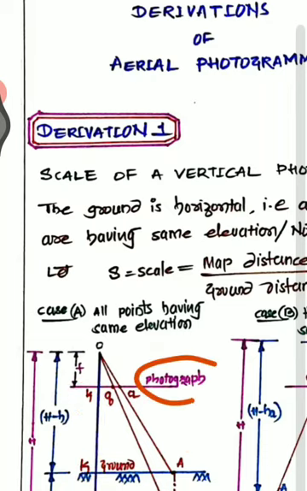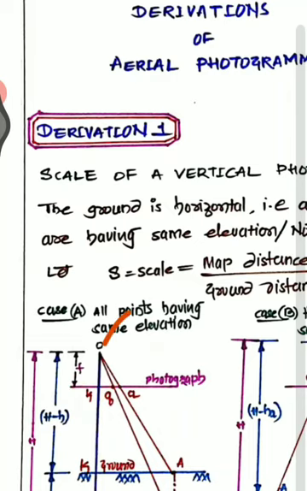One is, this is the photograph and this is the ground. The same thing I will locate here. This point A is located here as small a, whereas the projection of A on the datum is A naught. The principal point K on the ground is small k on the photograph.